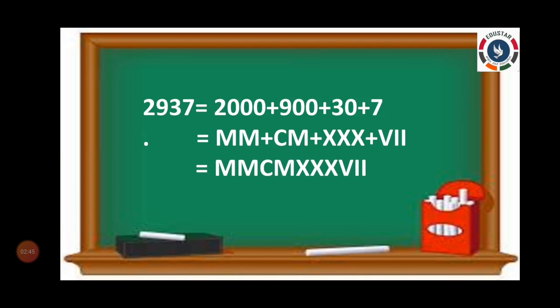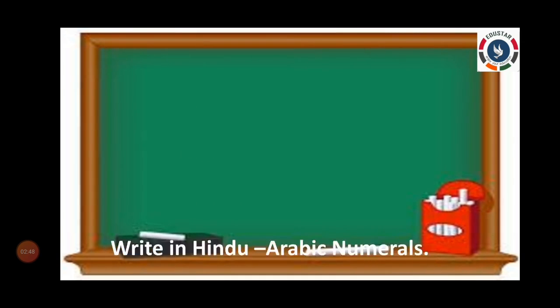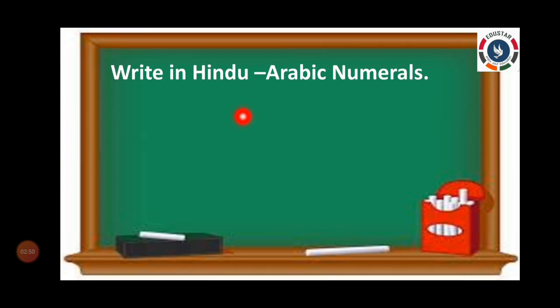And then, write in Hindu-Arabic numerals. Here a Roman numeral is given. You want to convert it into Hindu-Arabic numerals. MXCV. First we expand the number. Split it. M is the higher value, 4-digit value. So write M separately, plus X. After that, when a bigger value comes after a smaller value, you take the smaller value then the bigger value.